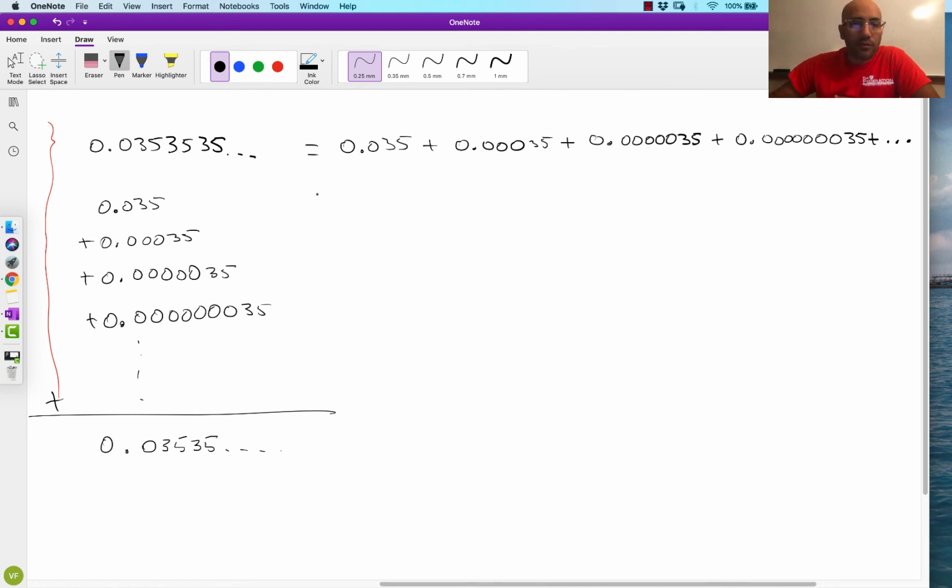Okay, so the first thing I'm going to do is rewrite each of these as a fraction. So I'm going to rewrite this as 35 over 1,000, because there are 3 decimal places. 35 divided by 1,000 gives you that. Plus 35 over 1 with 5 zeros.